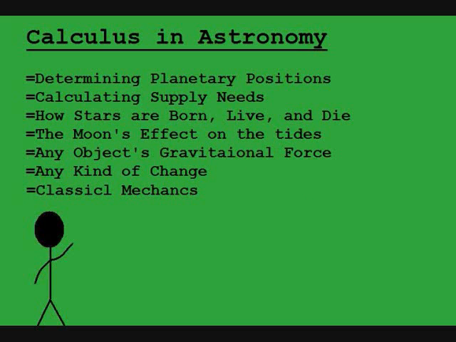And now to tie calculus in with astronomy. Calculus is used in many different ways, and a few ways are such as follows: determining planetary positions, calculating supply needs, to determine how stars are born, live, and die.